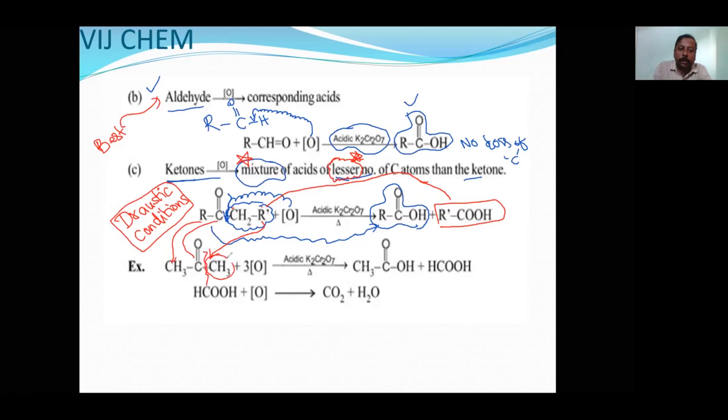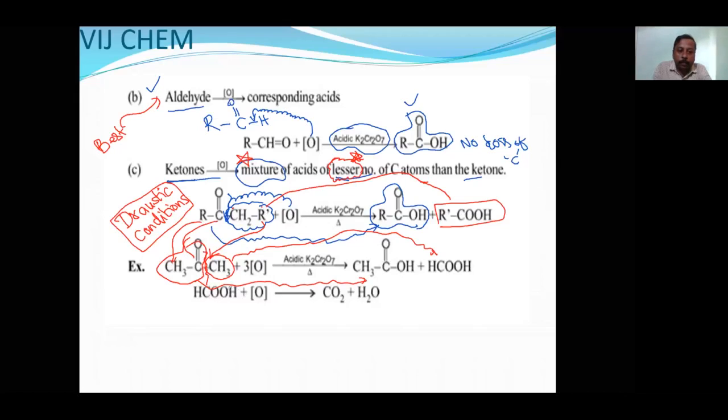This CH3 will be converted into HCOOH, and this part from here to here, if you feel that it is very clumsy, I will draw it separately. Don't hesitate to ask me anything. Here this carbon will be attached here. Understood?